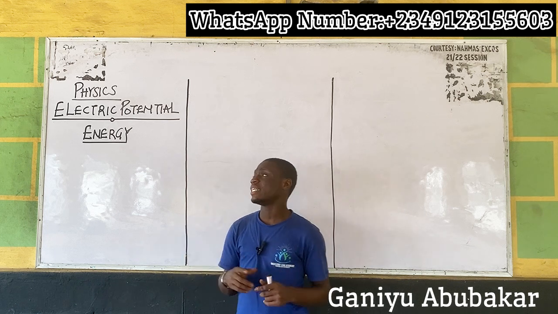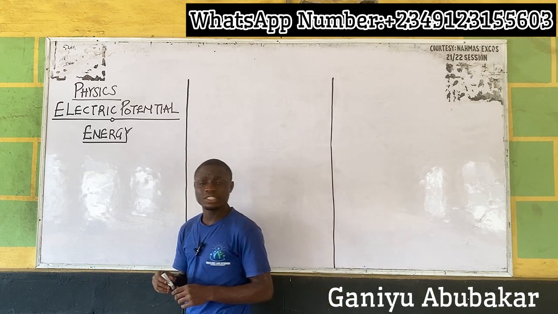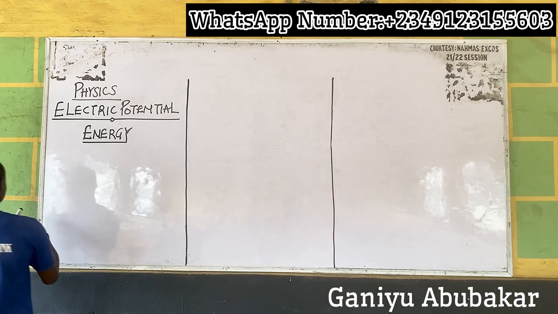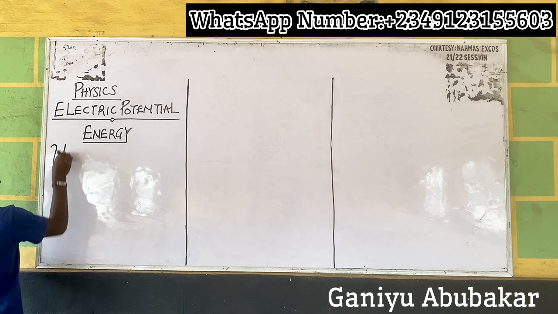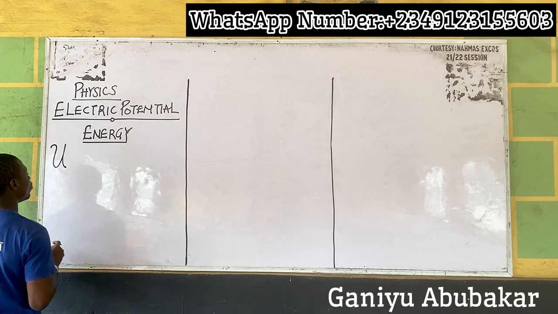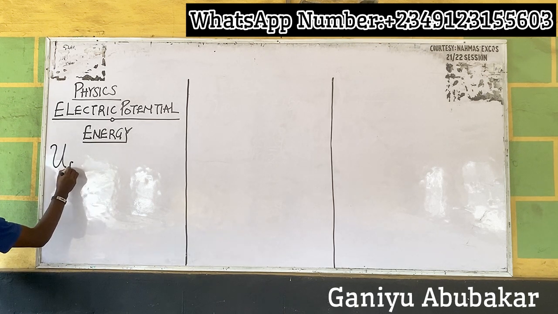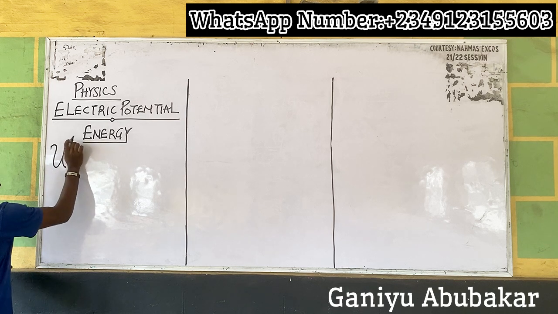It's important to note that electric potential energy is represented by UE or U. Either use U or E, any of it is still correct.